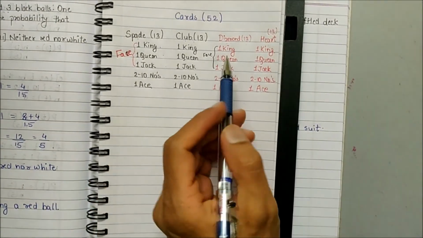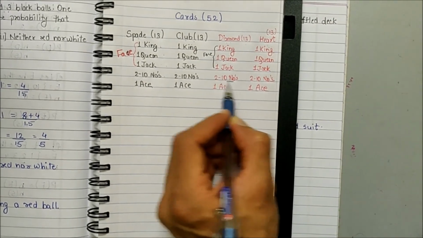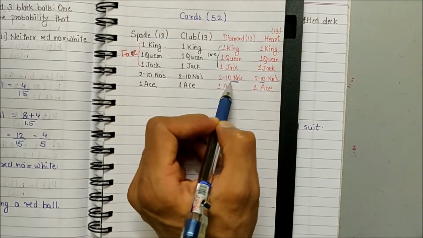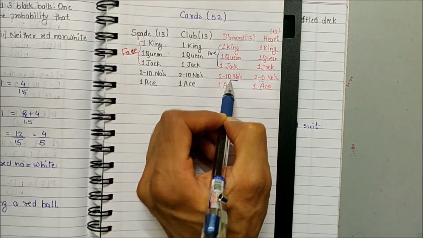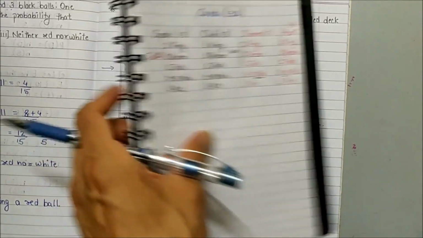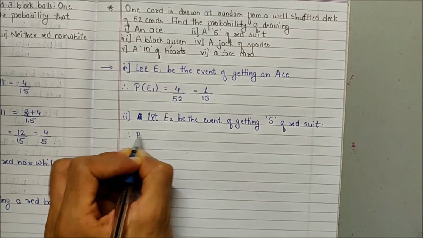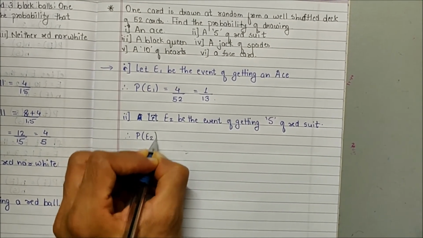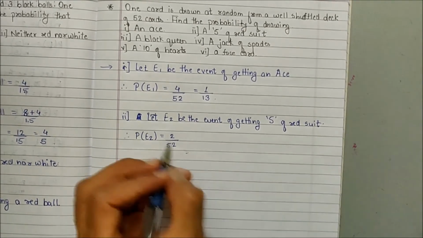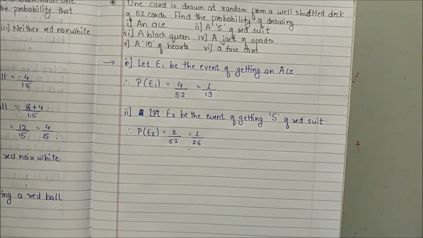Now here, there are 2 red suits, so a number 5 will be present in diamonds as well as in hearts. So 1 five of red will be in diamonds and 1 five of red will be in hearts as well. So the number of 5s in the red suit is going to be 2. Therefore probability of event E2 is going to be 2 by 52, which is equal to 1 upon 26.